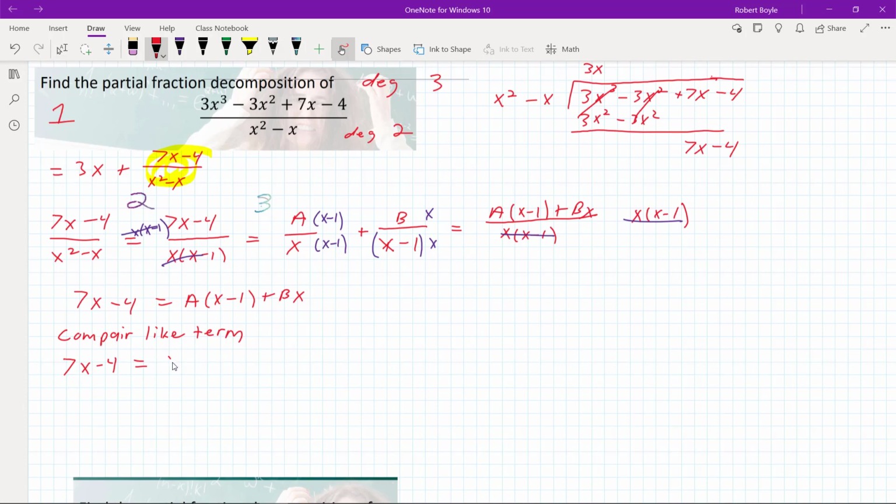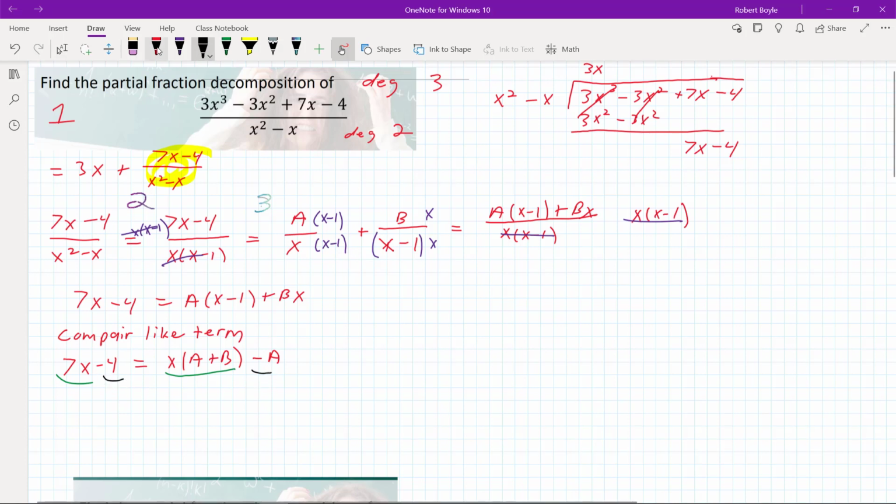So that is going to be x times the quantity a plus b, and then minus a. Then, for this statement to be true, the linear terms, or the terms of degree 1, must be equal, and the terms of degree 0 must be equal.